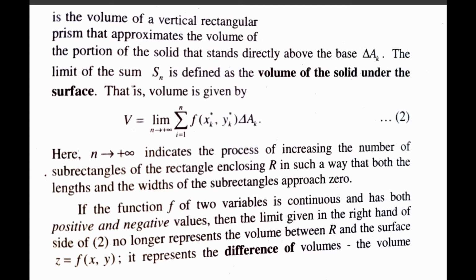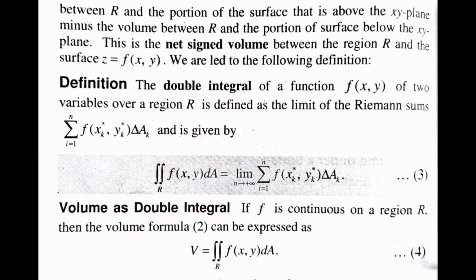It represents the difference of volumes: the volume between R and the portion of the surface that is above the xy plane, minus the volume between R and the portion of the surface below the xy plane. This is the net signed volume between the region R and the surface z equal to f of xy.